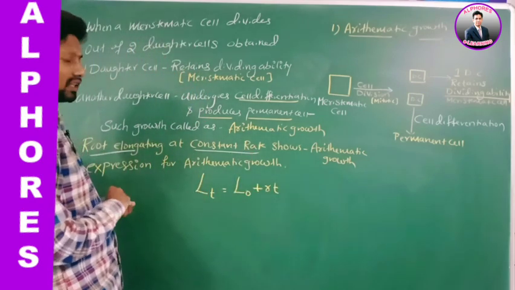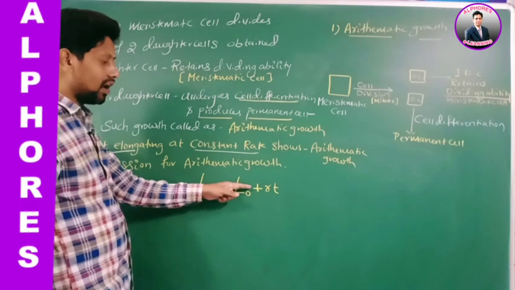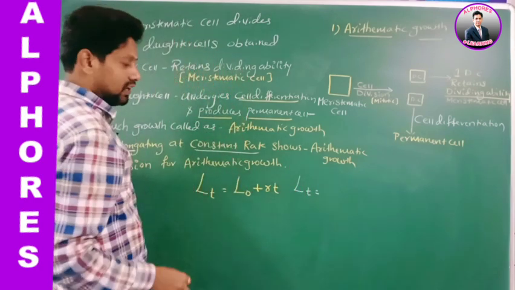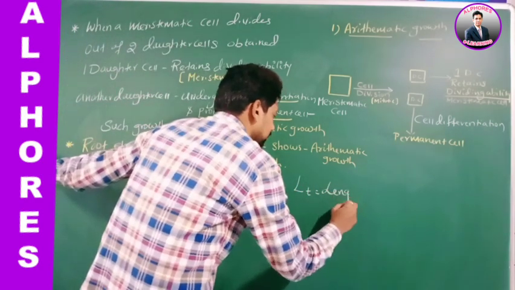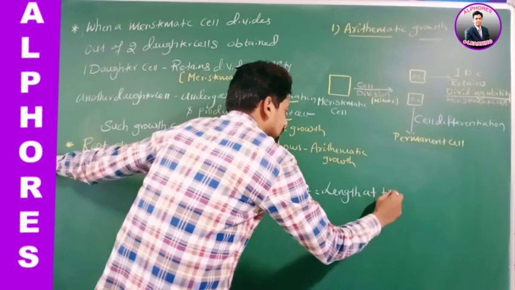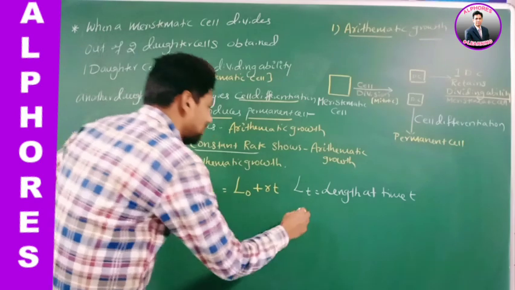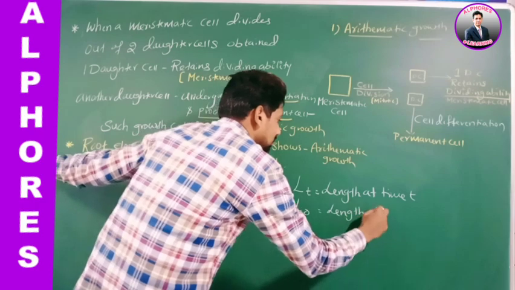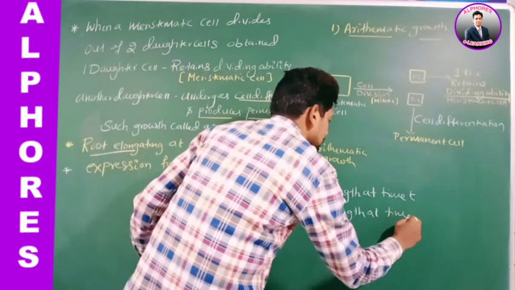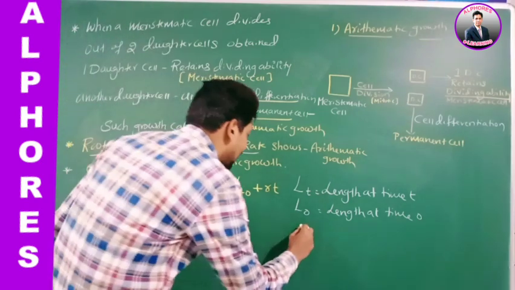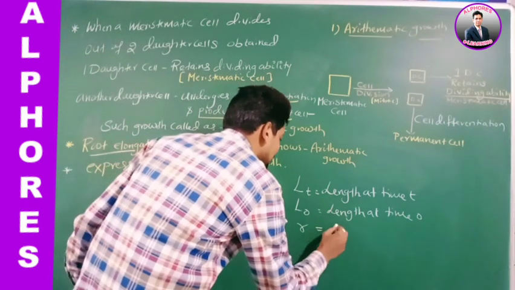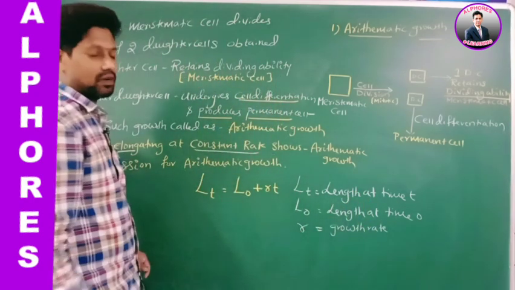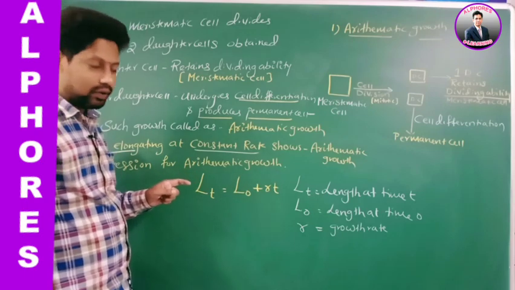Here Lt stands for length at time t, whereas L0 stands for length at time 0. Whereas r stands for what? r stands for growth rate. Is this statement okay?